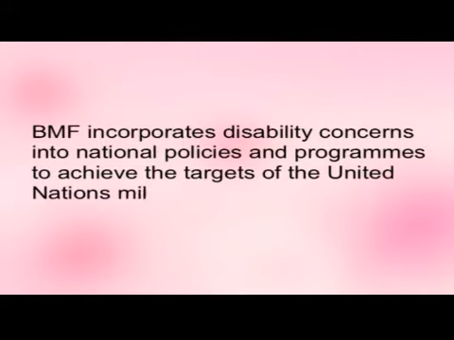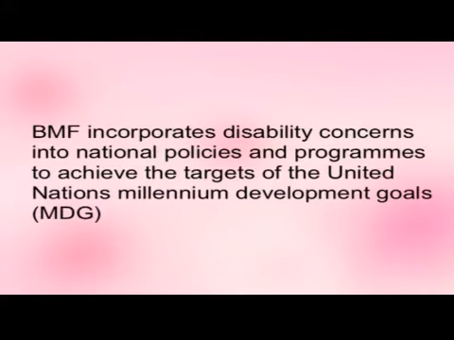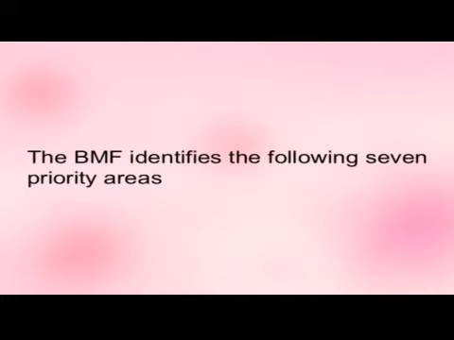BMF incorporates disability concerns into national policies and programs to achieve the targets of the United Nations Millennium Development Goals, that is MDG. The BMF identifies the following 7 priority areas. Let us see one by one.